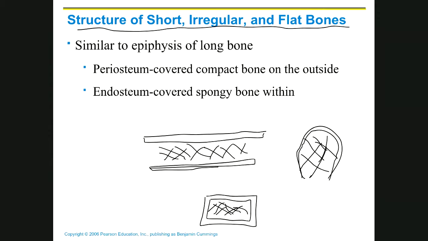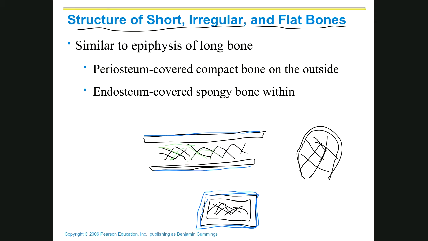And so just like with a long bone, we're going to have a periosteum out here. And again, just like with a long bone, it's got 2 layers to it. And then, just like with a long bone, on the inside, we're going to have the endosteum, and it's going to cover all of these surfaces on the inside.